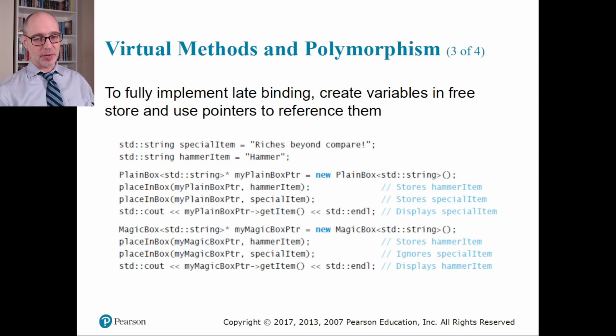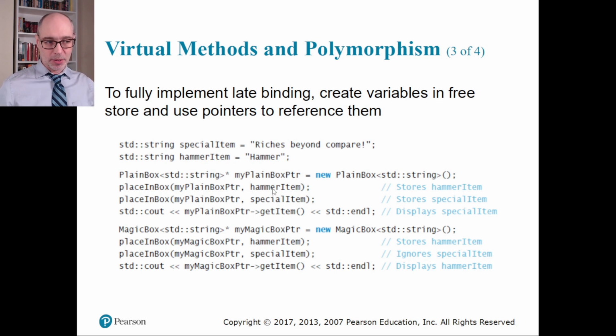Probably most of the time in our applications, we will be using dynamically allocated memory, and you'll be storing those addresses in pointers. So this is a more conventional, normal thing that we'll see in most of our examples. So make a new dynamically allocated plain box, store it in a pointer, and pass that pointer and hammer item into placeInBox.